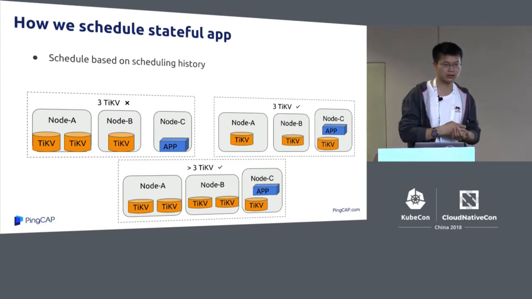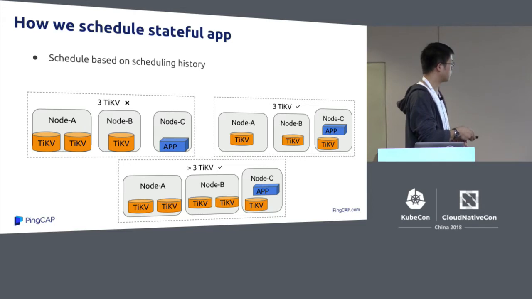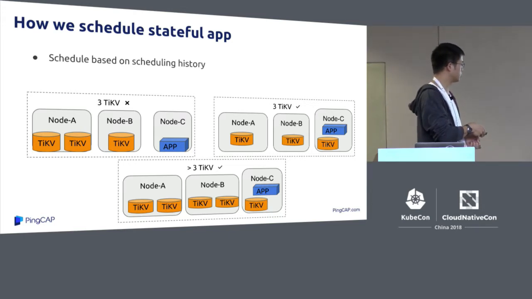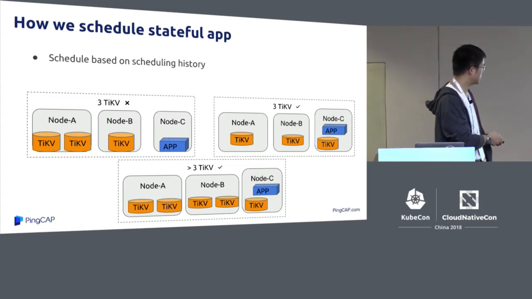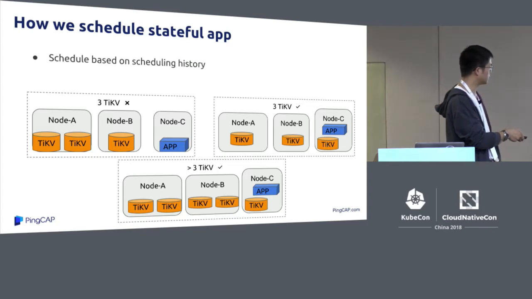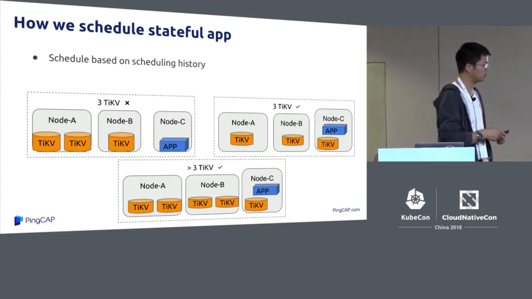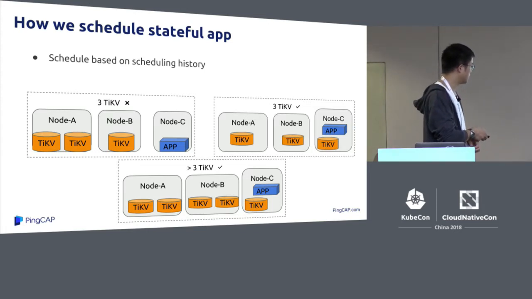Users can attach a physical topology label to the TiDB store. So for these TiDBs, there are node A, node B, and node C labels. When PD schedules data, the same replicas would not be scheduled on the same node as a TiDB pod.